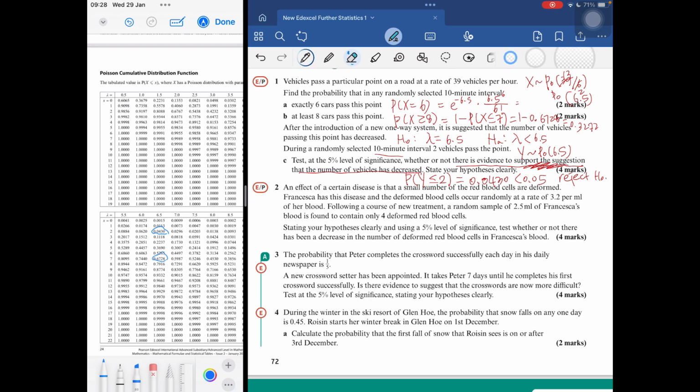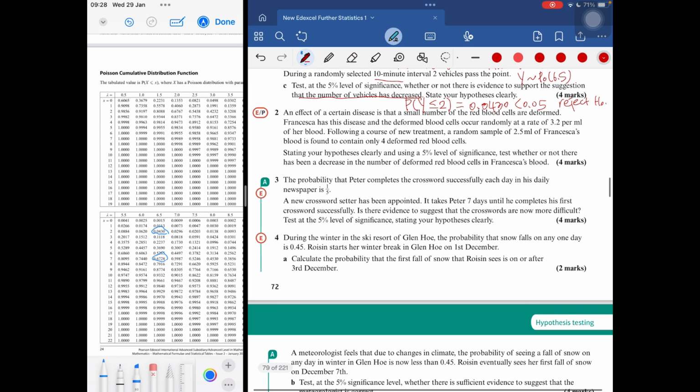And number 2. An effect of a certain disease is that a small number of red blood cells are deformed, 3.2 per milliliter, and 2.5 milliliters of blood contain only 4 deformed red blood cells. Okay, so this is again Poisson because this is about rate.